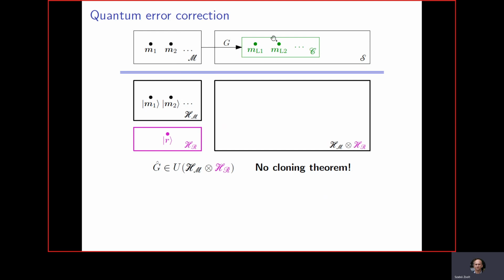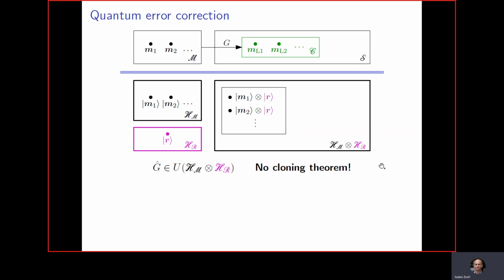The set of logical messages was the code C, a subspace of the signal space S. In contrast, in the quantum case, the generator map is a unitary operator G, and this acts on the tensor product space HM times HR. Being a unitary operator, G is subject to the no-cloning theorem, which basically states that redundancies cannot be added naively as it was done in the classical case.